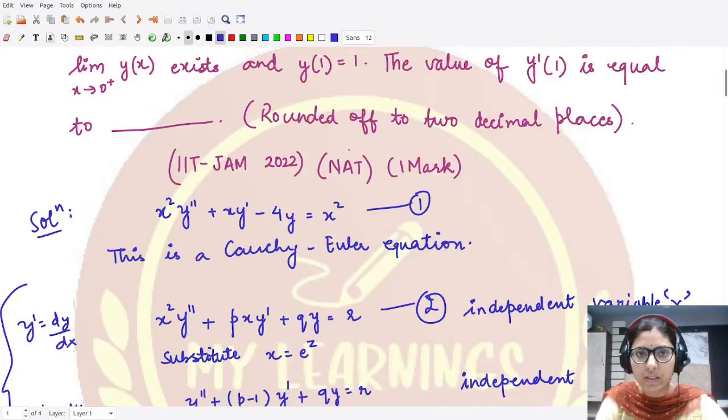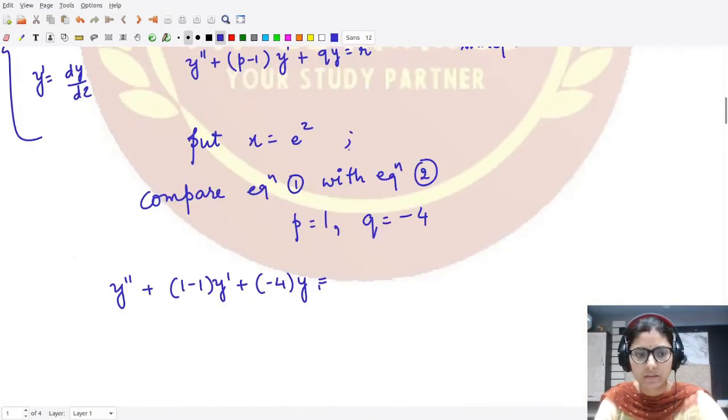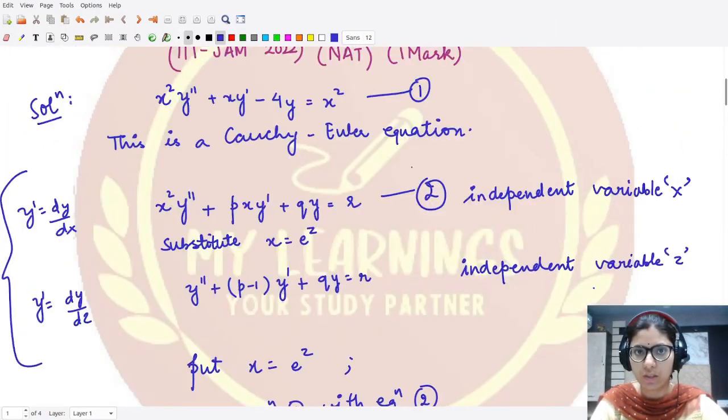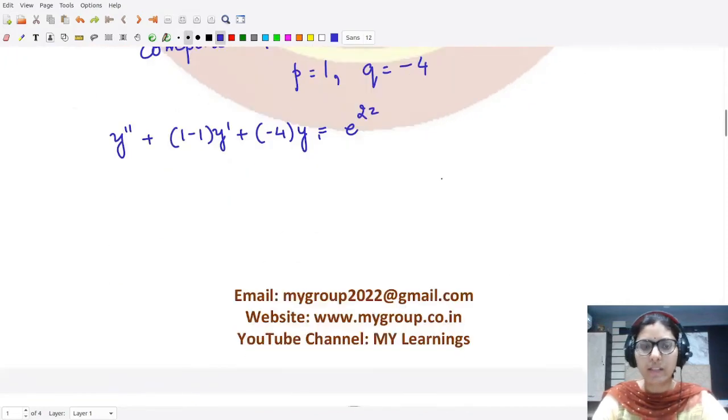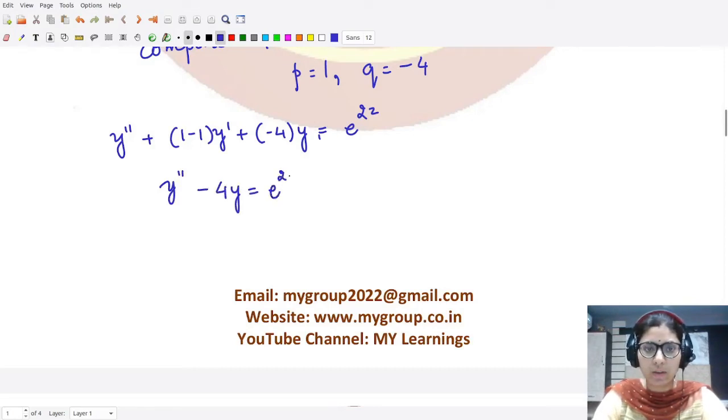In our equation r was x square, so it now becomes e to the power 2z, because we have substituted x equal to e to the power z. So this is the reduced equation, which we can now very easily solve. Let me write it down: y double dash minus 4y is equal to e to the power 2z. This is our equation 3.